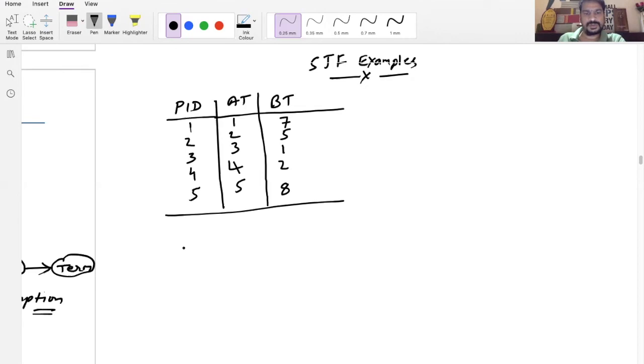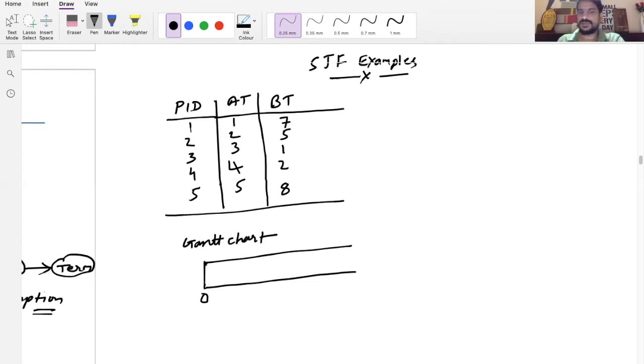Now let's draw the Gantt chart. We're starting at time 0, but there is no process at time 0. The first process arrives at time 1, so the CPU is idle from 0 to 1 unit of time.